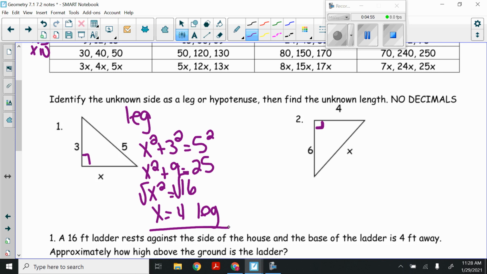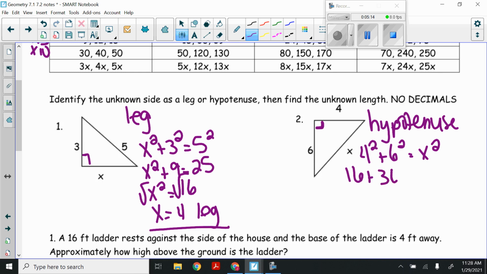In example number 2, the x that I'm looking for this time is across from my 90, my right angle, so I know that we are looking for the hypotenuse. So the Pythagorean theorem here would state 4 squared plus 6 squared equals x squared. 4 squared is 16, 6 squared 36 is equal to x squared.